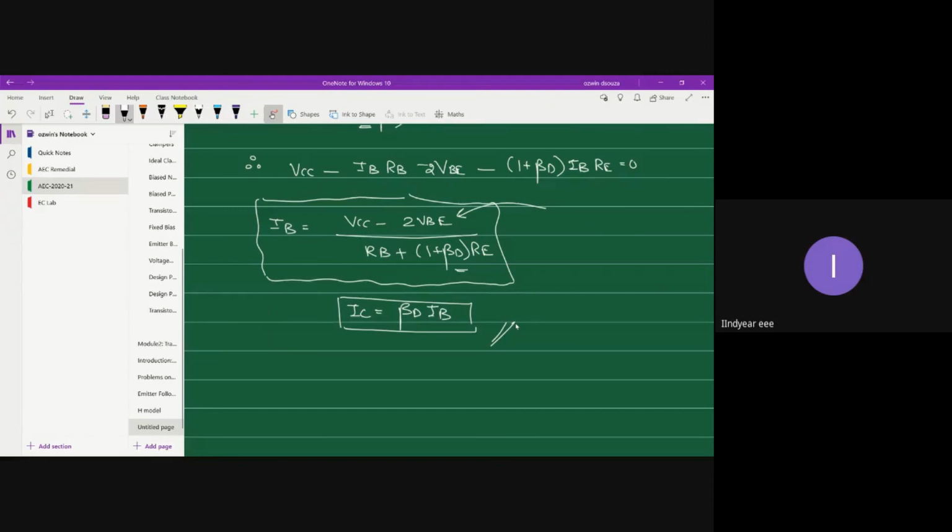And the innovative question is going to be a problem based on the Darlington emitter follower circuit. So you have to read the analysis of the Darlington emitter follower. I will provide the material right after this class.